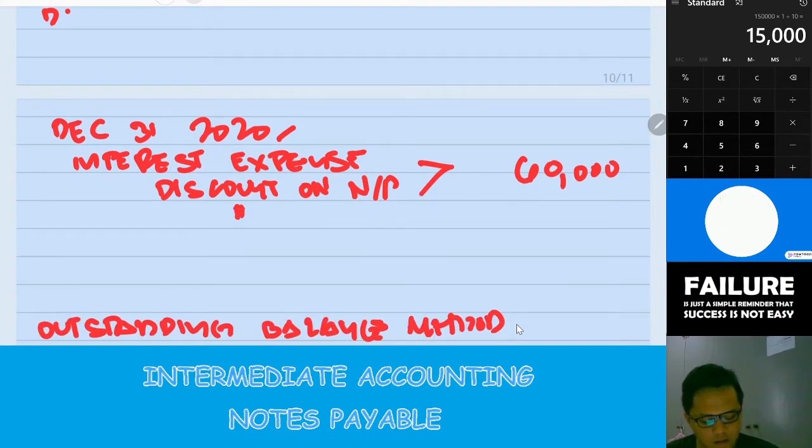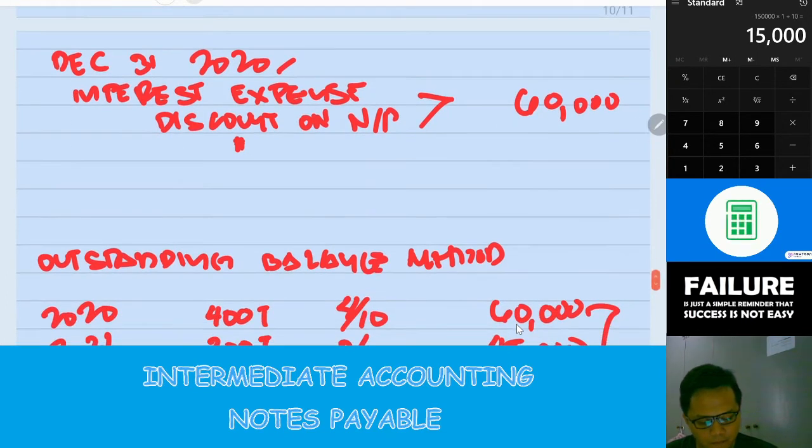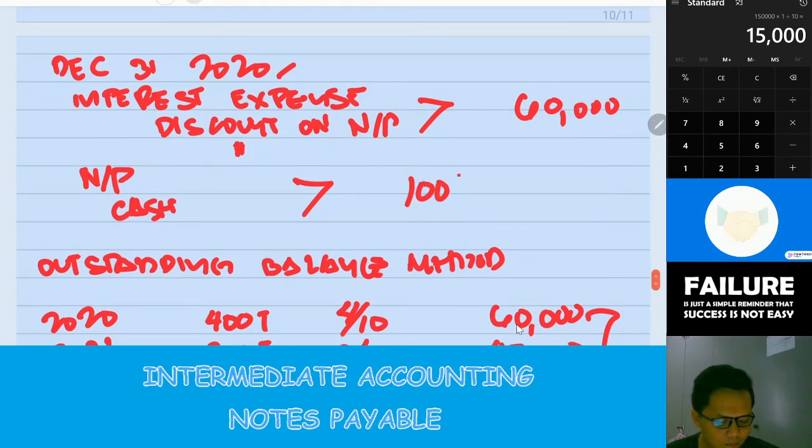Then, next entry natin would be to recognize the principal payment, which is to debit notes payable, credit cash at 100,000. Kasi nga, 100,000 annually. Diba?